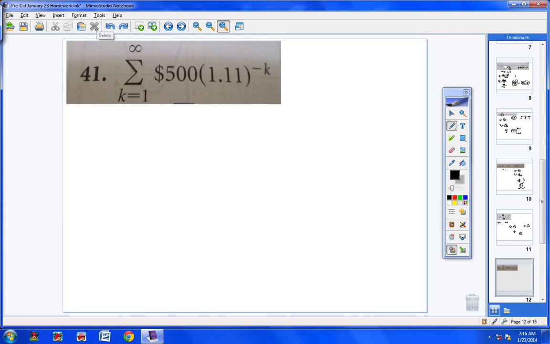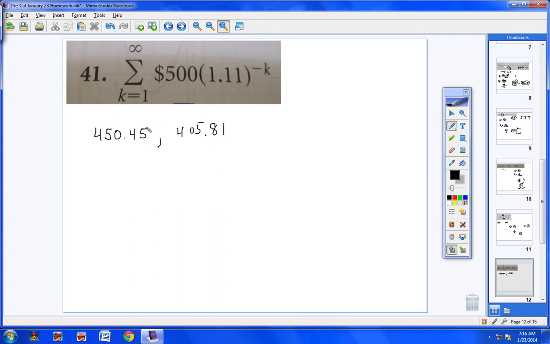1.11 to the negative 1 times 500 is going to give me 450.45, and then if I put a 2 in for k, I will get out this here for my next term, 405.81.